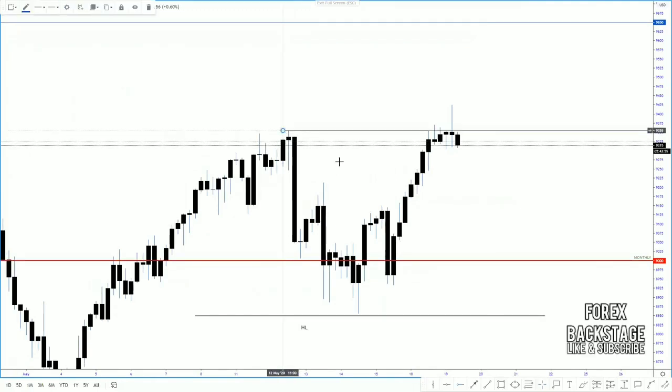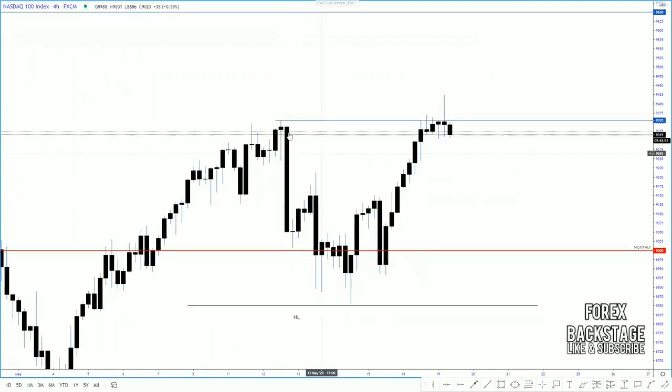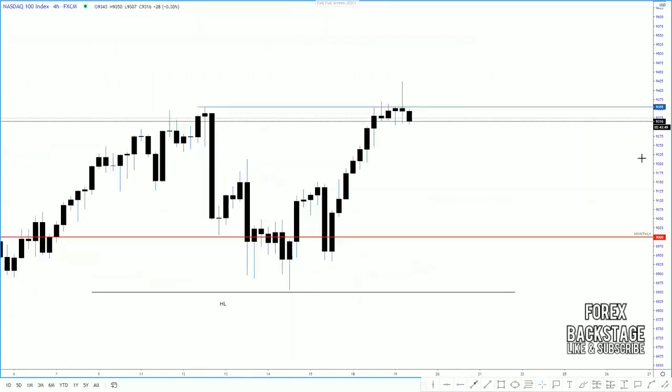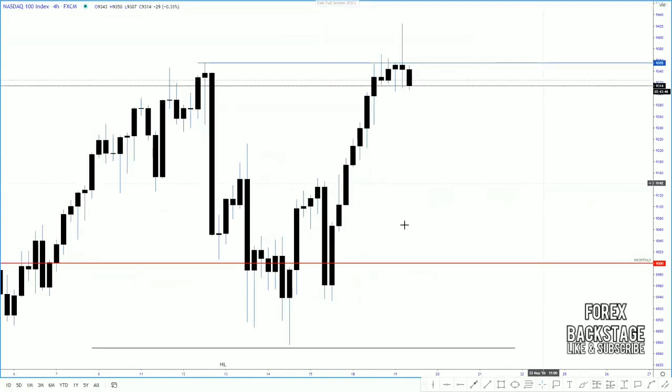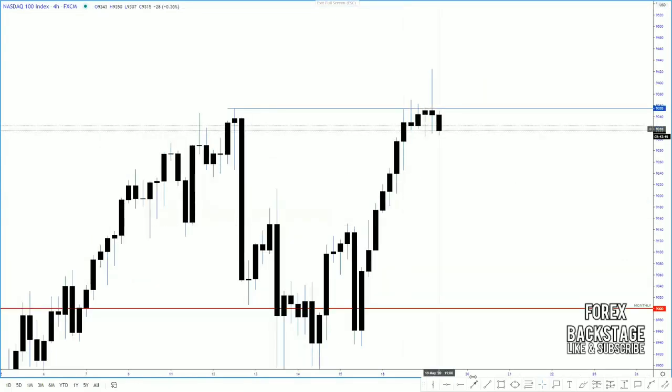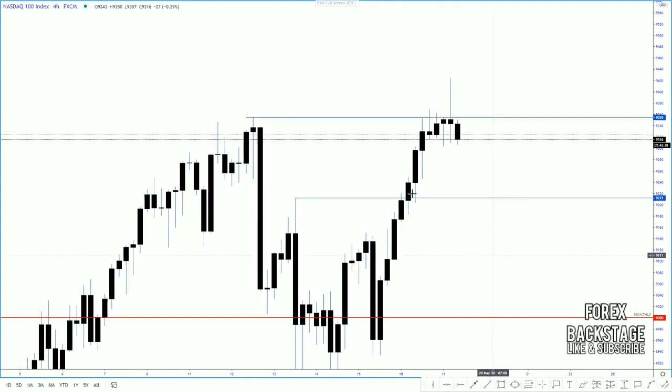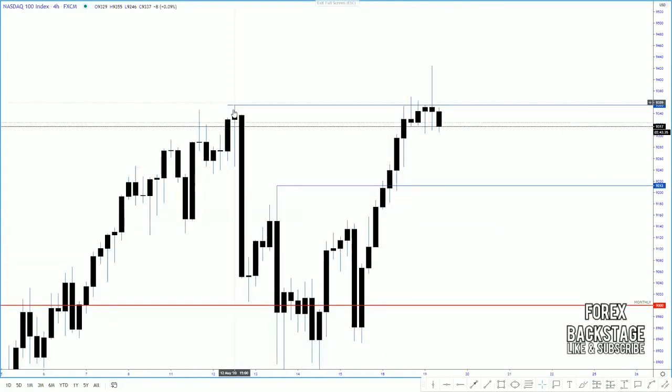So we've got this previous resistance level. That's what I'm going to mark out first. So please follow me properly, guys. I am bullish on this thing, but I can sell if the market gives me selling opportunities. And me selling doesn't necessarily mean that I believe that the market is going to turn back. So we've got that high printed there, around about that 93.50 level.